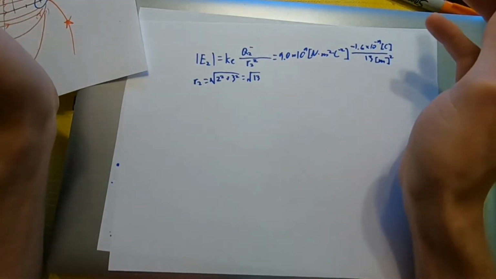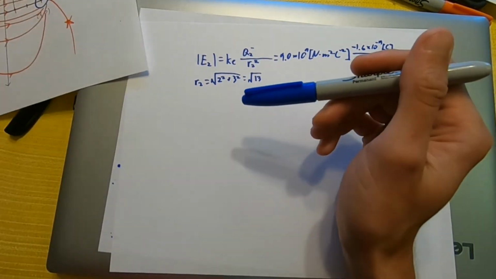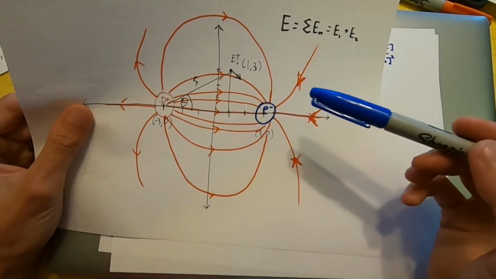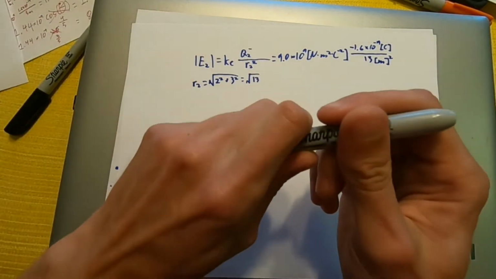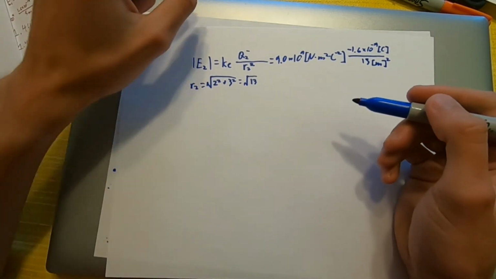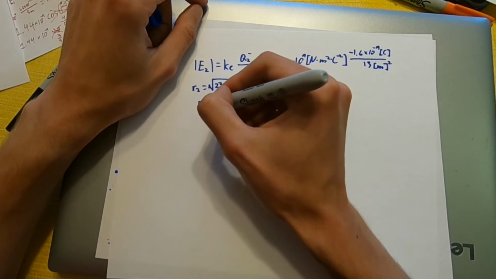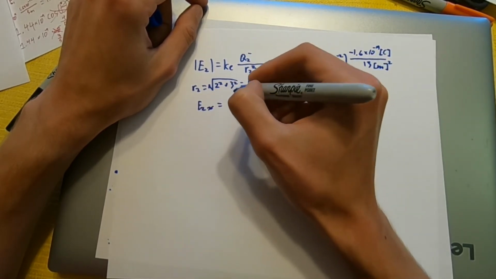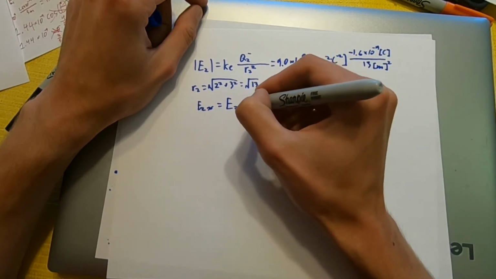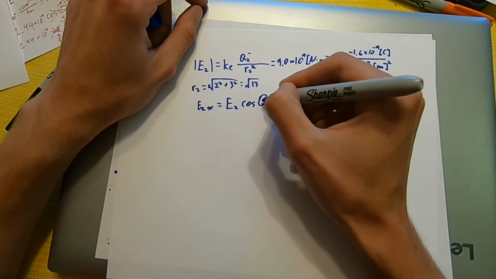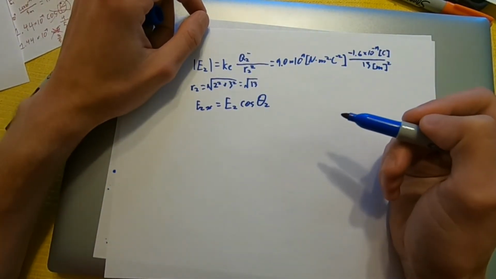Anywho, now we're trying to divide this into the x and y components. So in here, again, the direction is going to be important as well. So we have E2x is going to be equal to E2 times cosine theta 2. What is this angle theta 2?